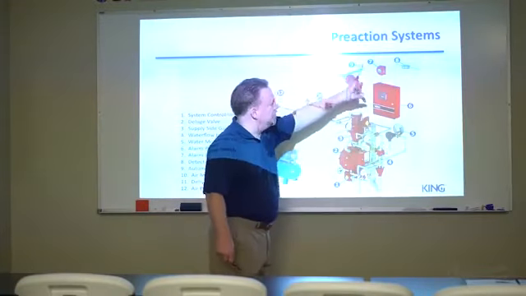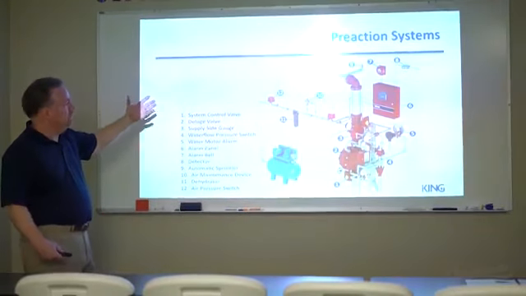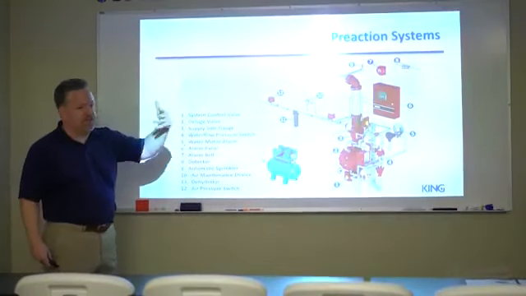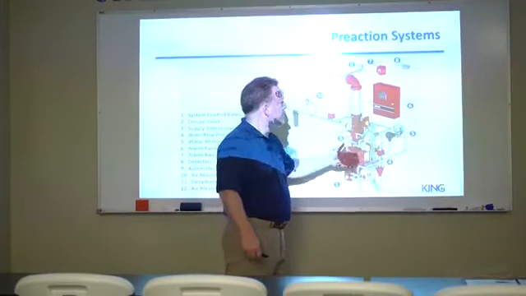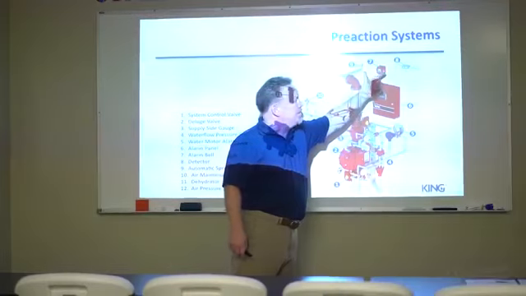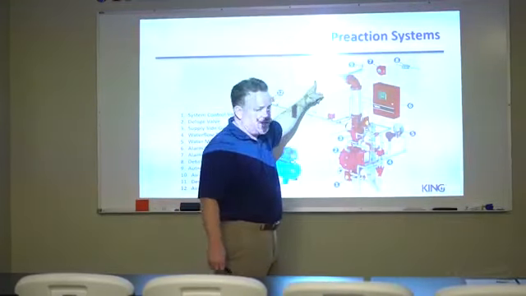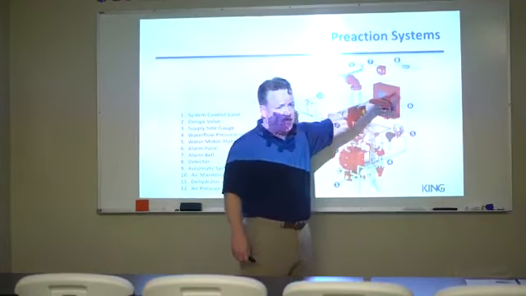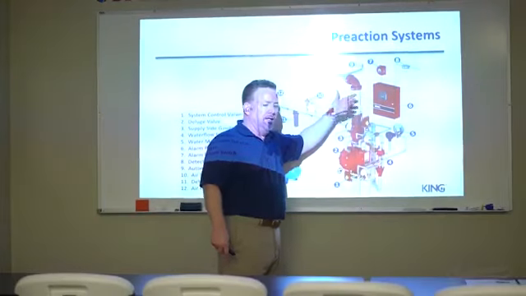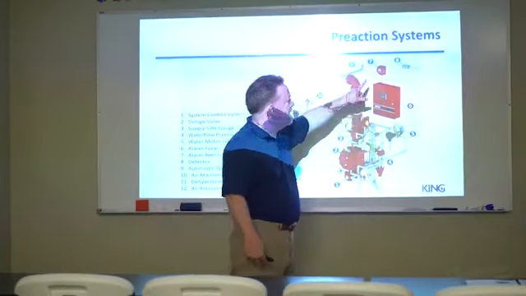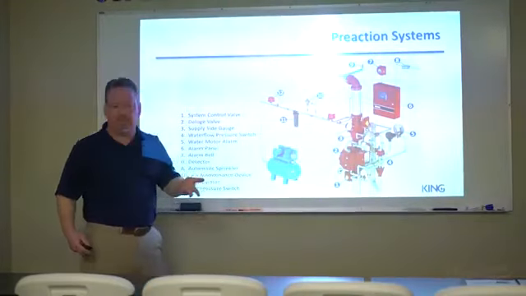And so this detector here, when it operates in a double interlock or in a single interlock pre-action system, basically what's going to happen here is either the sprinkler system will operate in a single interlock, or the detector will operate and water will come into the system. On a double interlock, you have to get both the detection device and the sprinkler operating before water flows into the system.